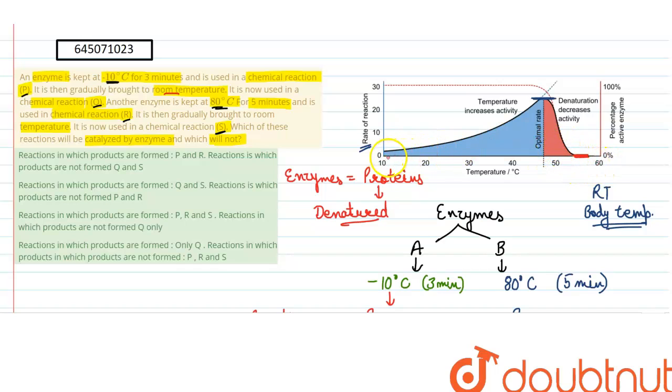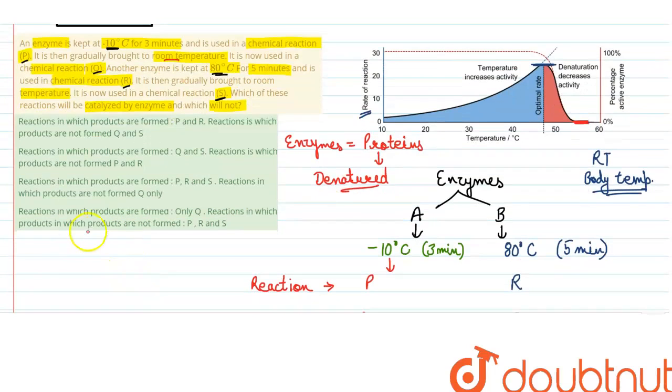And if we talk about low temperatures or negative temperatures, then they show some activity, but that is almost negligible. At high temperature they become completely destroyed, but at low temperatures their activity is negligible, right?